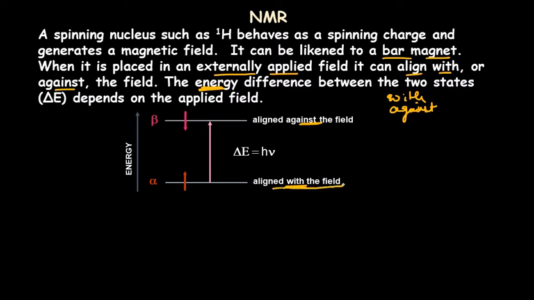Because alignment with the magnetic field has a lower energy, and when the proton aligns against the external magnetic field, it will have a higher energy level, and the difference between these energies corresponds to delta E. This delta E is responsible for the behavior of the proton, the tiny magnet, and it produces some kind of spin and then a peak which can be analyzed by the data logger.